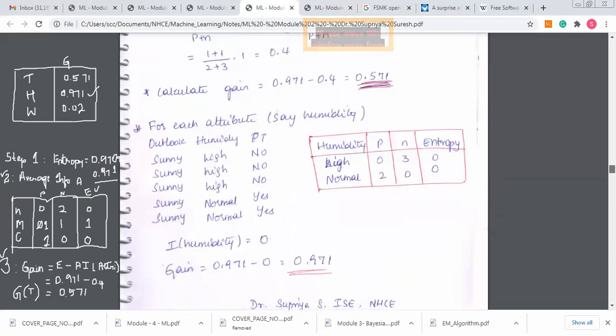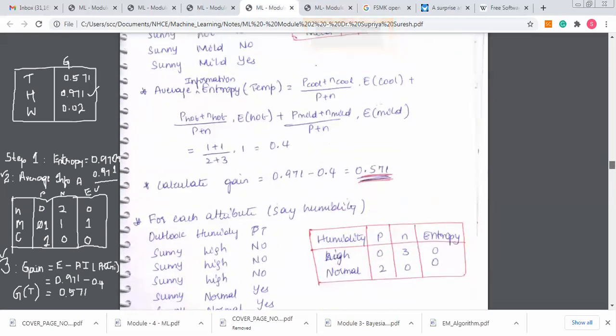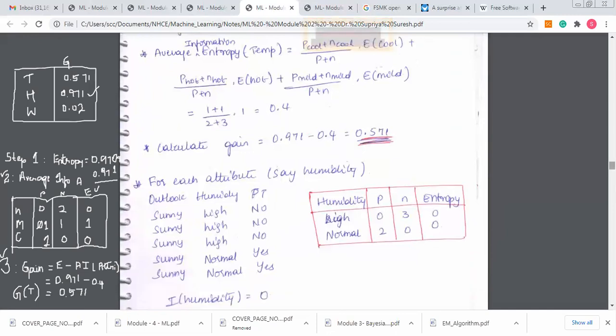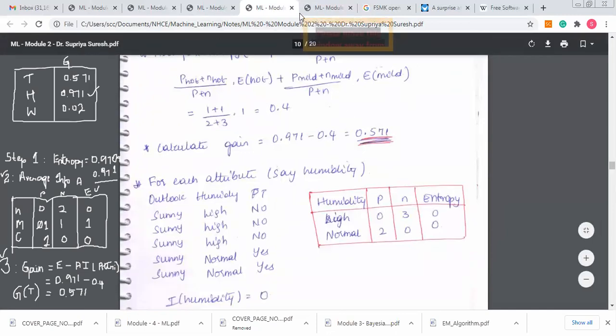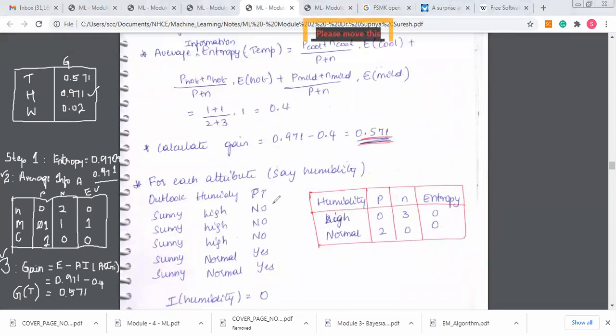With humidity, we can see that the child nodes are direct: for high, all three are no, and for normal, it is completely yes.